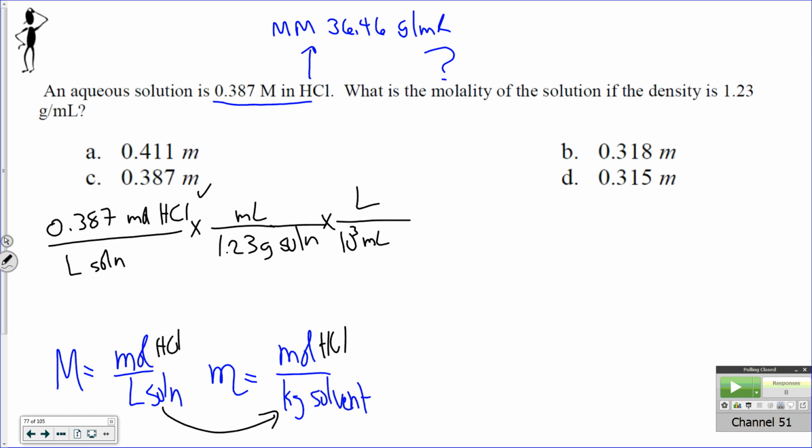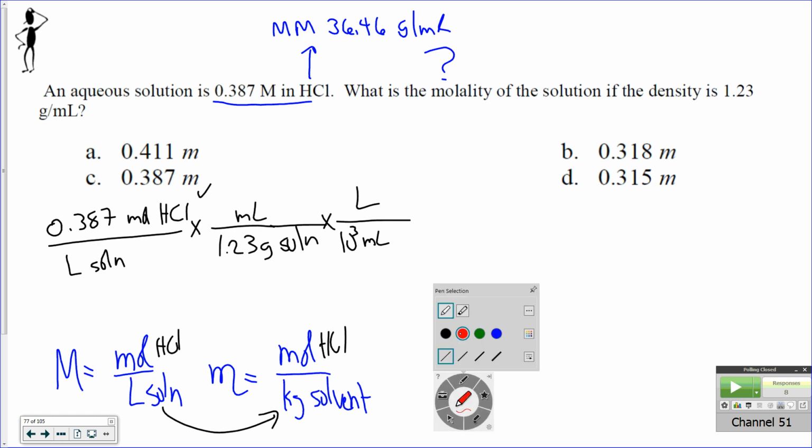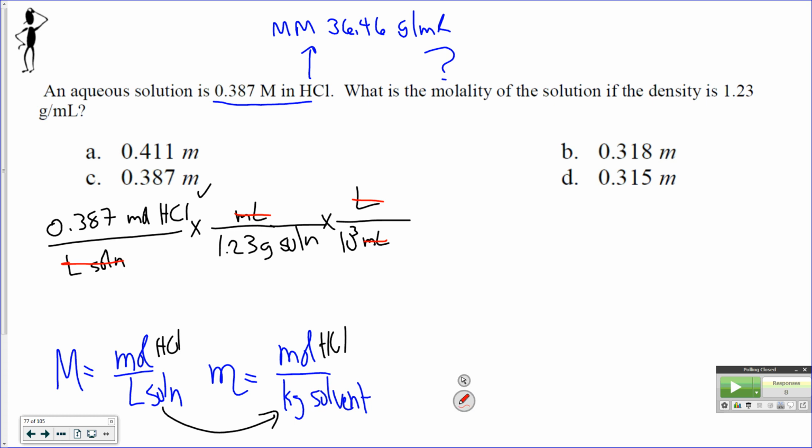So if I look at where I'm at now, my liters of solution and liters cancel out. My milliliters and milliliters cancel out. I've got grams of solution. So that's close to where I want to be, but I need to be at kilograms of solvent.